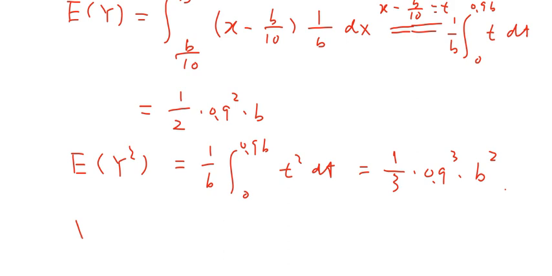So what is Vy? We can take out b squared, or maybe you can forget it, because this is a ratio. So Vy equals 1 over 3 times 0.9 cubed minus 1 over 2 times 0.9 squared, squared.